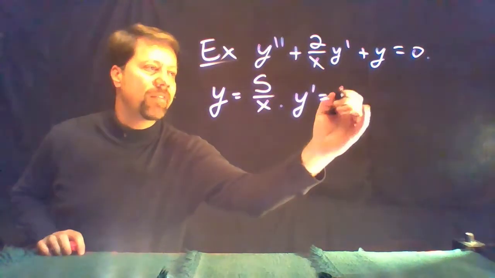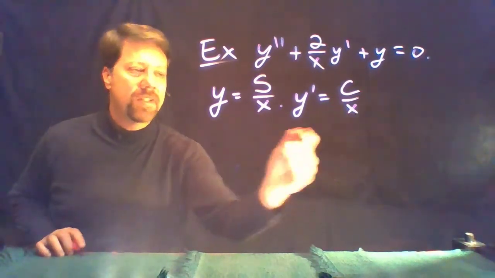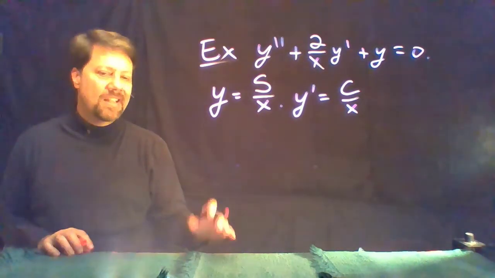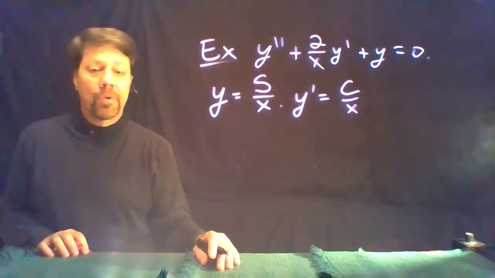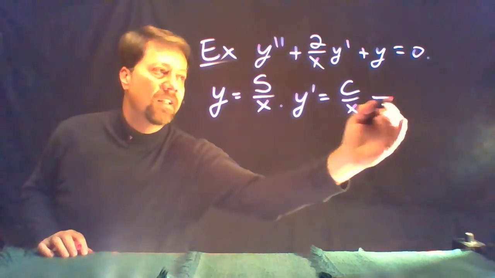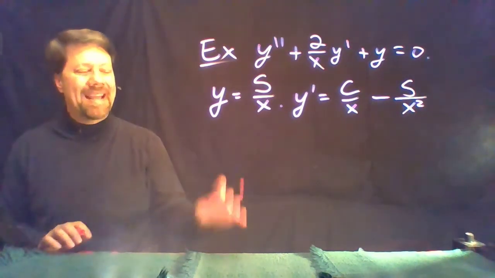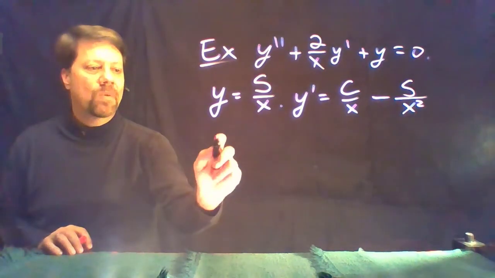In this case, the derivative of sine is cosine times the second factor, which is 1 over x, plus sine times the derivative of 1 over x. But the derivative of 1 over x is negative 1 over x squared. So the second term ends up being minus S divided by x squared.